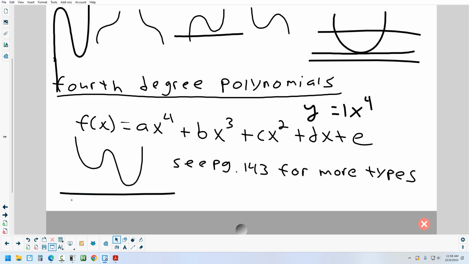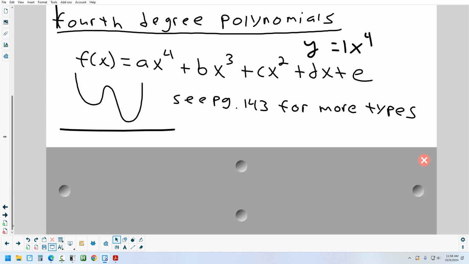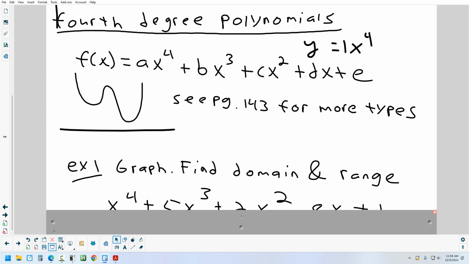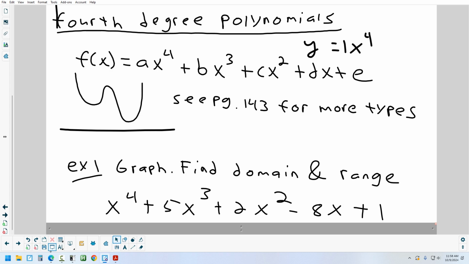And you could also get 0. So with a fourth degree, you can get everything from 4 down to 0. I'm just trying to show you the general shape. So we'll do that one, and then that'll be a good place to stop.